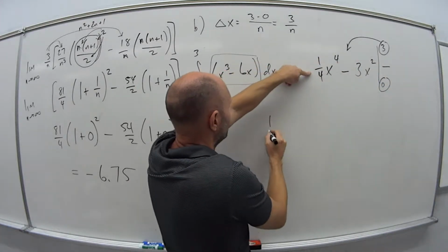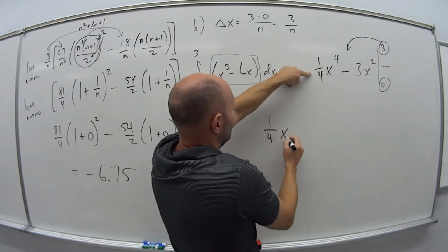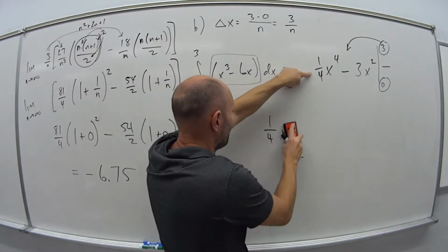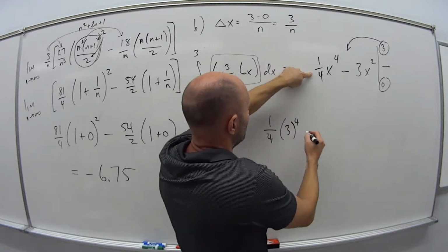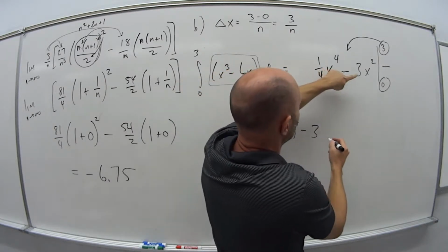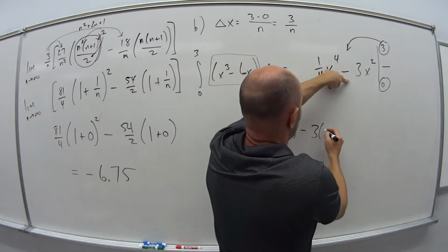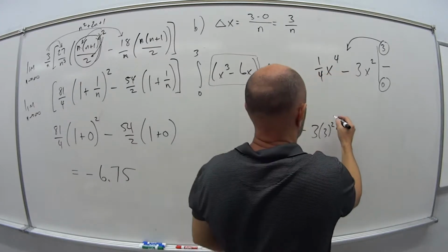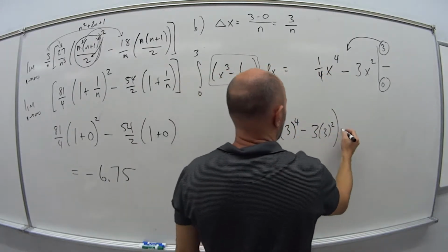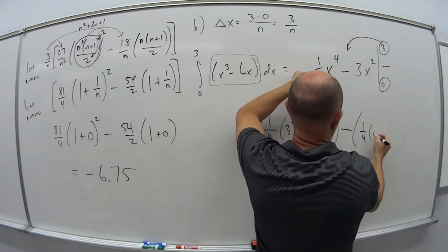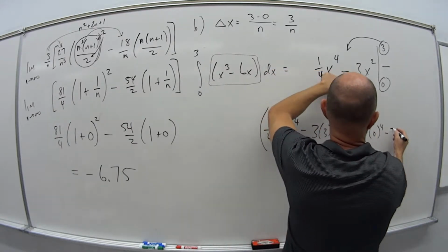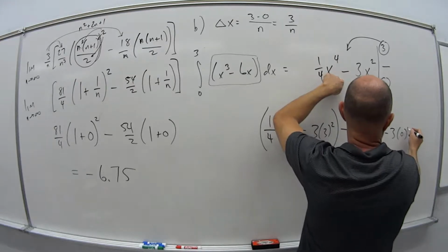If I plug in here 1/4 x to the 4th, so 3 to the 4th, minus 3 times 3 squared, minus, now plug 0 in, 1/4 times 0 to the 4th minus 3 times 0 squared.